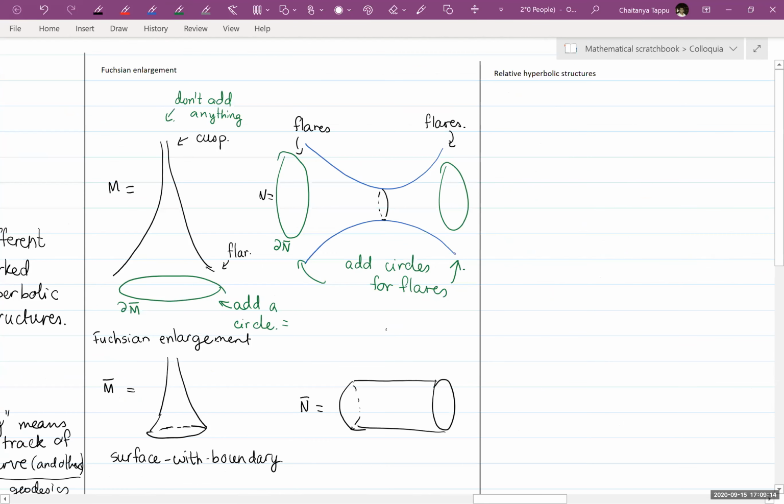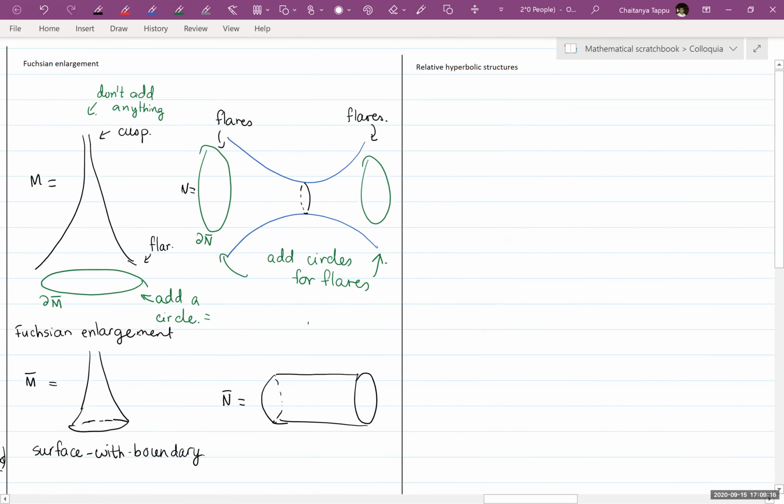Okay. So here's a definition of a relative hyperbolic structure. Suppose M is a surface and M bar is its Fuchsian enlargement with respect to a hyperbolic metric.